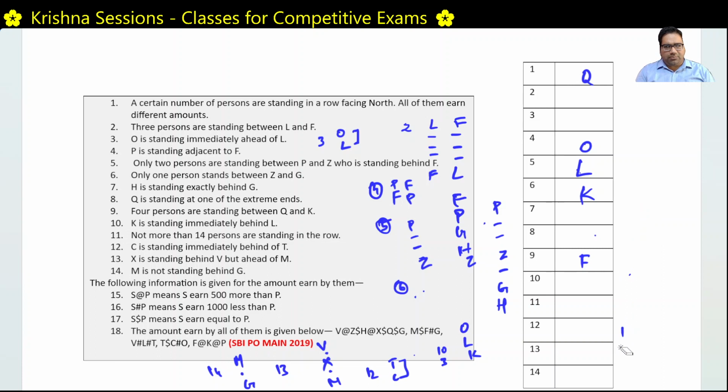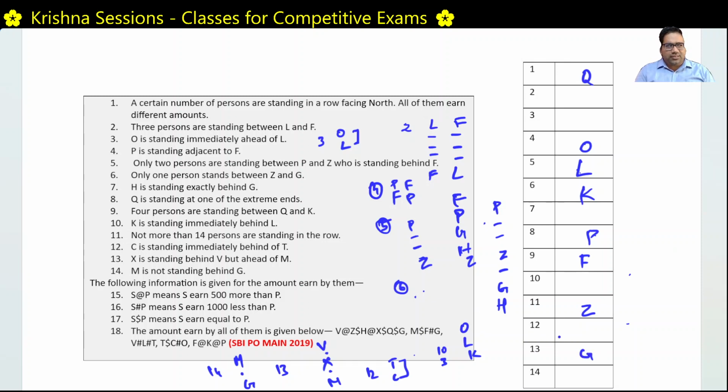Right, let's try with P above F now. We are clear. P above F, double space, then G, then Z, right? P double space Z, right? Z again single space, Z single space G, right? If F is below P, then there has to be one space between G and Z. So then G will become this.